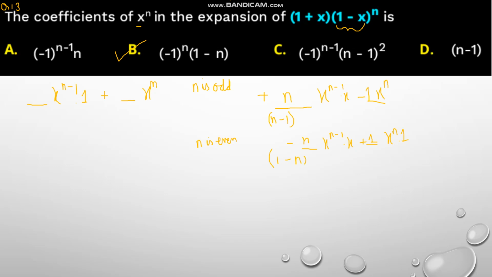Now see, if two cases arise, even and odd, then one thing one must remember is that the answer must be of the form minus 1 to the power n multiplied by something, the thing we got when n is even.